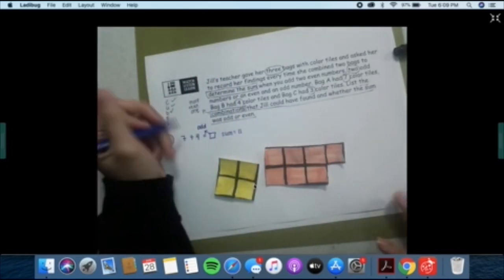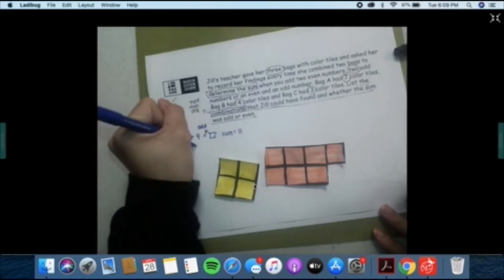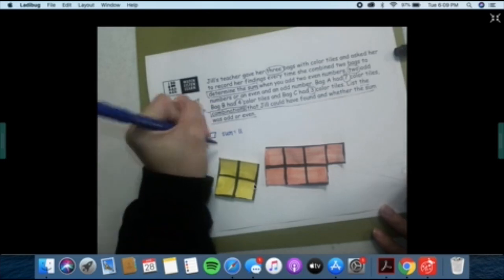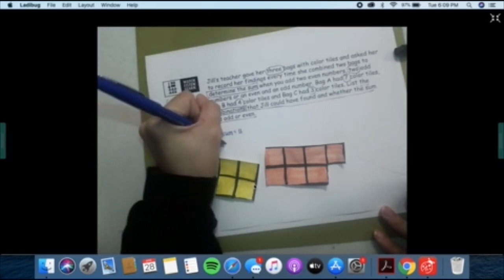So I'm already seeing that an odd number plus an even number is equal to an odd number with combination 1.